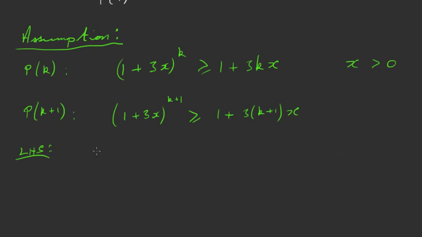Now the left hand side is (1 + 3x)^(k+1). Now we can rewrite that as (1 + 3x)^1 times (1 + 3x)^k. By the laws of indices, you just add the powers here and you'll get the power here, which is k + 1.